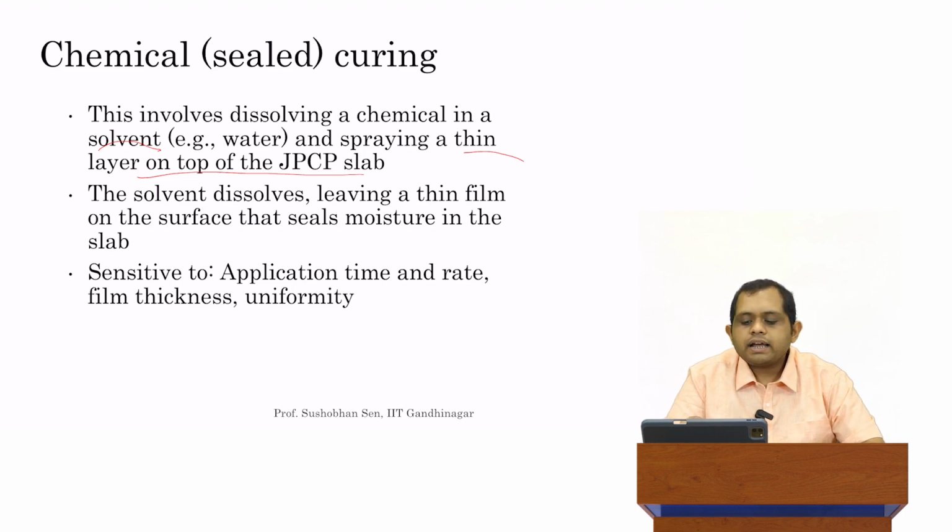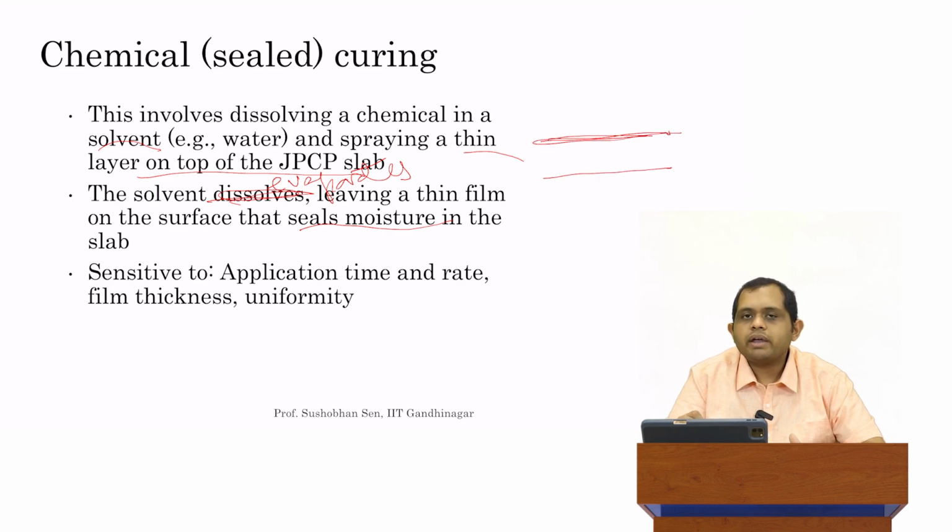Now, what happens over time is that the solvent evaporates. So the solvent, which is water usually, evaporates. So the chemical just forms a very thin powder-like coating on the surface. This thin film then seals the moisture inside the slab. So the main important property of this chemical is that it should lock in moisture.